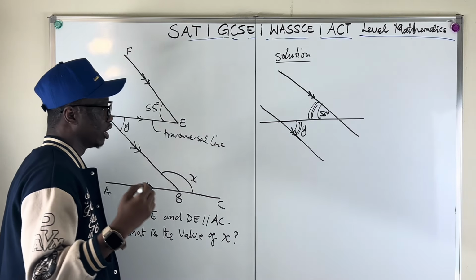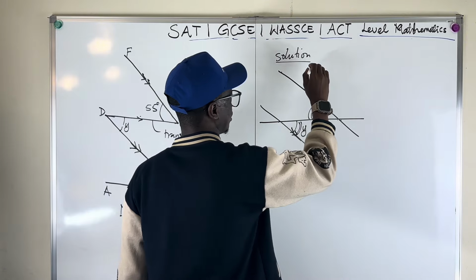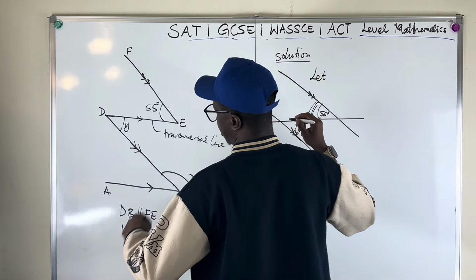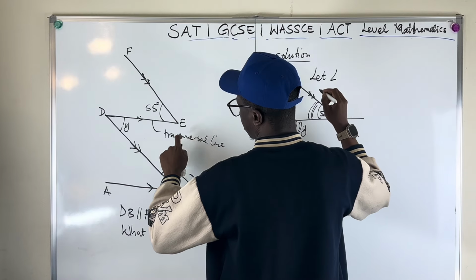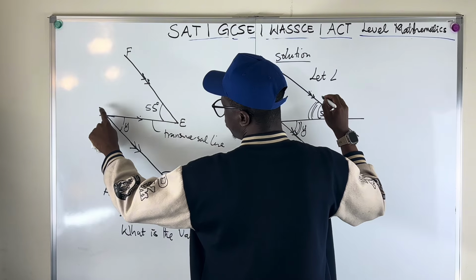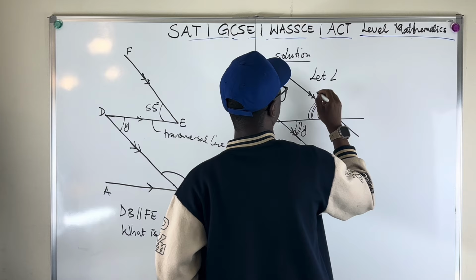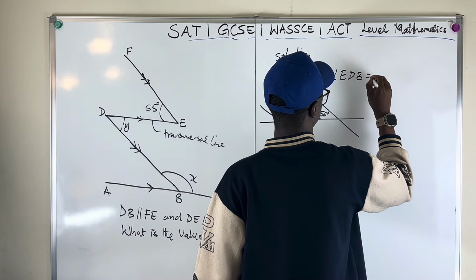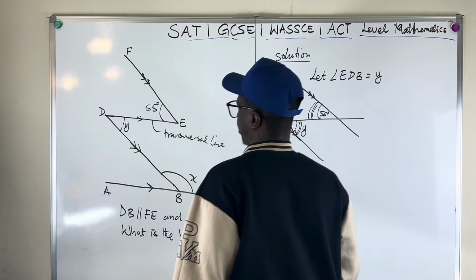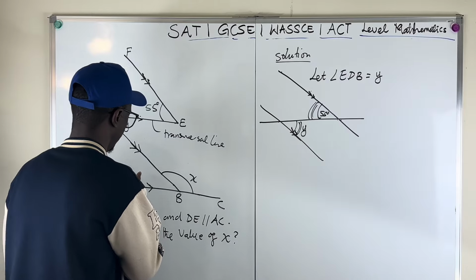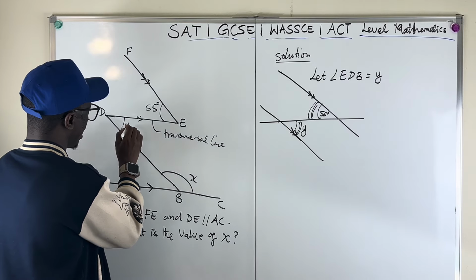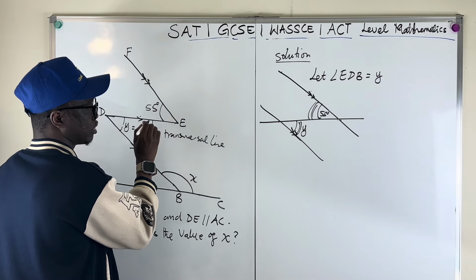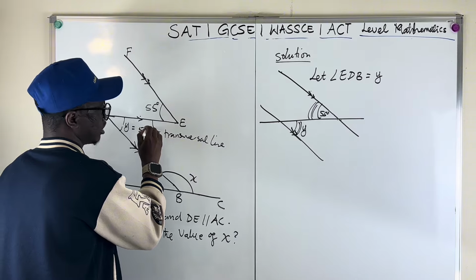So you can say angle EDB equals Y. So this angle here is going to be what? 55 degrees, but you have to show it here.